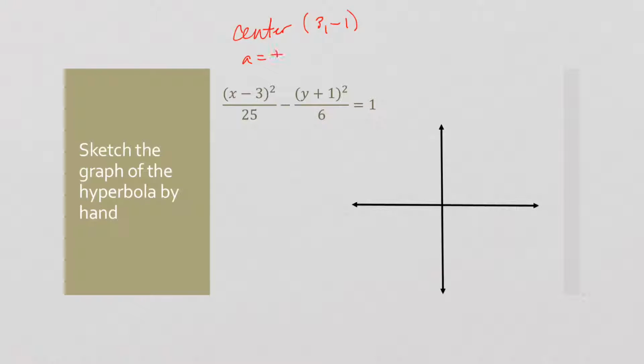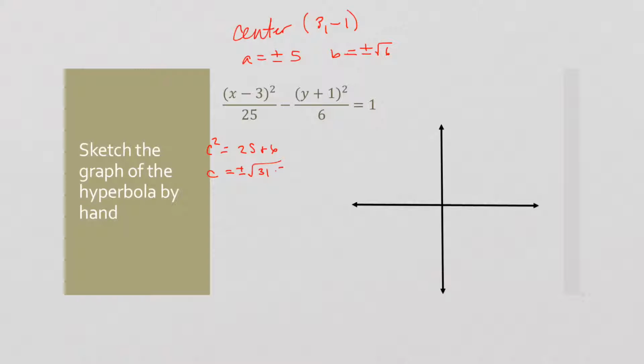A is plus or minus 5. B is plus or minus the square root of 6. C squared equals 25 plus 6, which means C equals plus or minus square root of 31. And we're going to want those decimal values, so go ahead and find those.